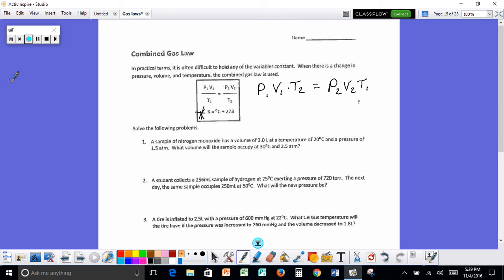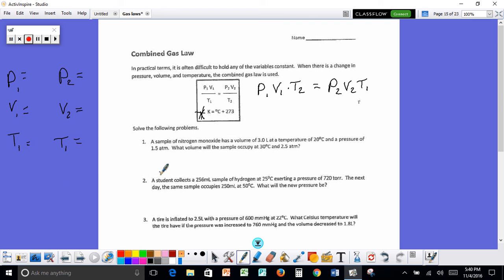Alright, so in this we're going to need to keep track of P1, V1, T1, P2, V2, and T2. So we have more to keep track of in this problem. That's why I've been stressing to somewhere keep track of your givens from the problem, and that makes it easier for us to know what to solve for.